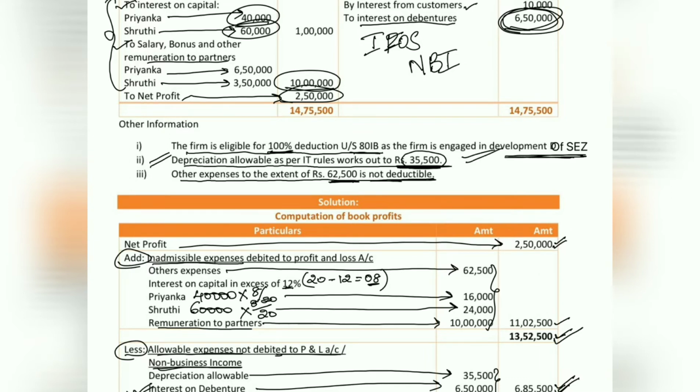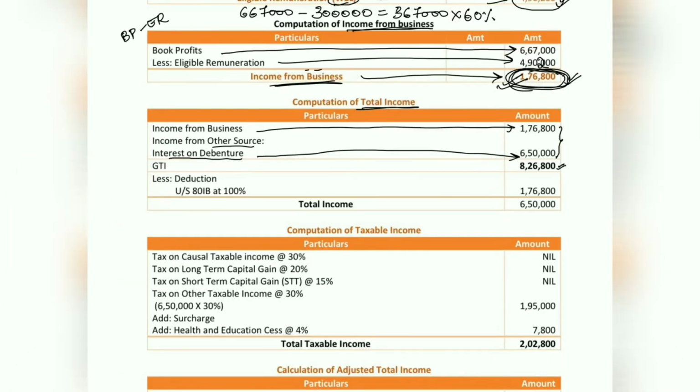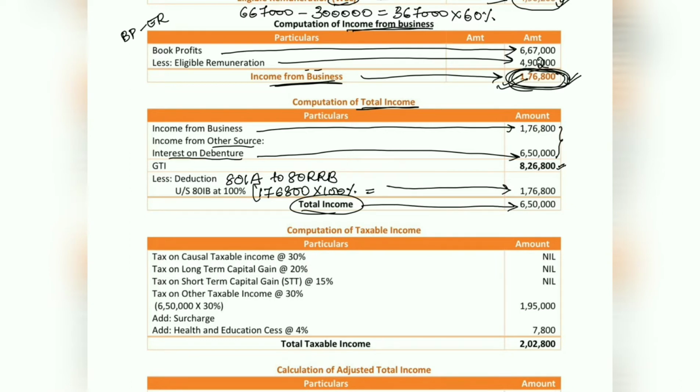This value will be considered under deduction under section 80IA to 80RRB. We are deducting the complete business income here, 1,76,800 into 100%, so the value 1,76,800 is completely deducted. The total income value we now get is 6,50,000 only.